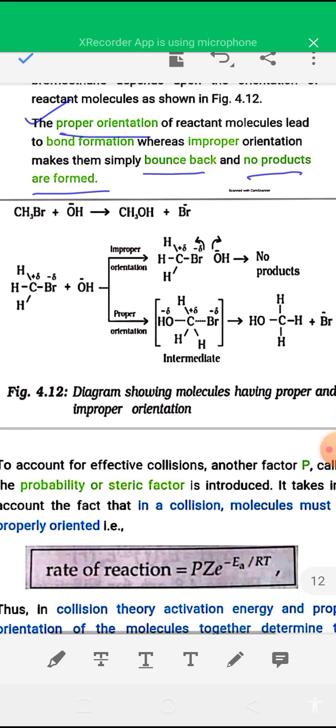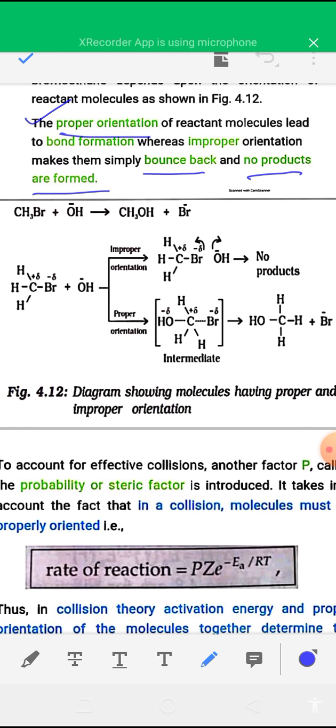One example is when methyl bromide is treated with sodium hydroxide or potassium hydroxide, you will get methanol and bromide. For this reaction, the proper orientation is this, and improper orientation looks like this. In improper orientation, OH minus is coming from the front face of the substrate, just in front of Br.